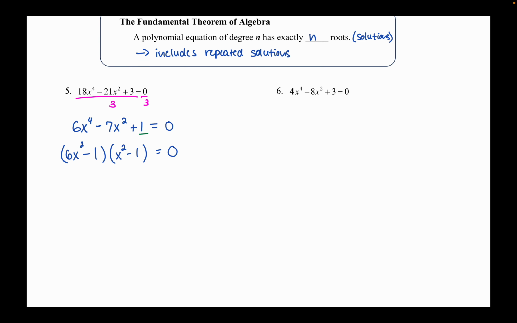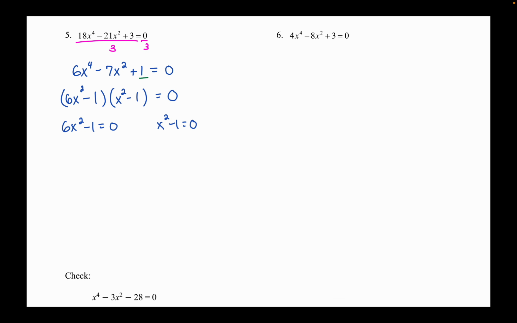Now I can set both of these equal to 0 and solve. The second one is a bit easier to solve. I can add 1, take the square root, solving using square root property, and here I get plus or minus 1. The first equation I can also solve using square root property.